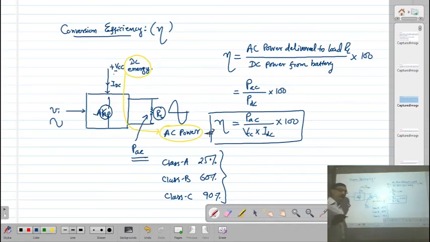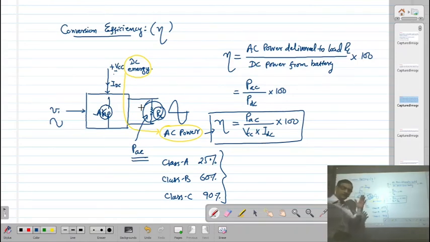Second thing, the efficiency also depends on the load, on what kind of load you have connected. Whether it is a resistive load, an inductive load, or a capacitive load, the efficiency of the amplifier will also change. All these things you will learn in the next semester when you learn the different types of amplifiers.